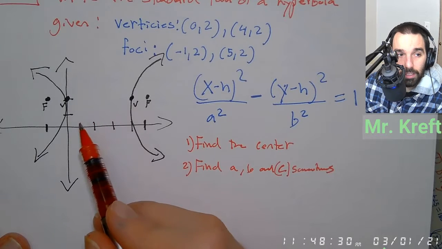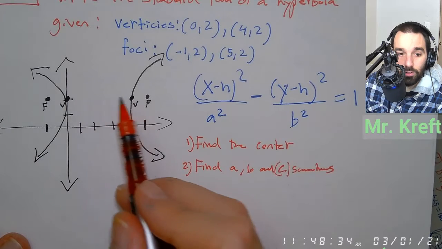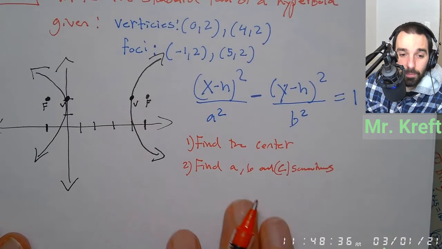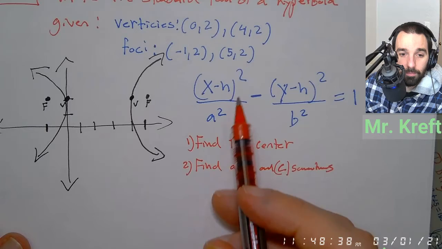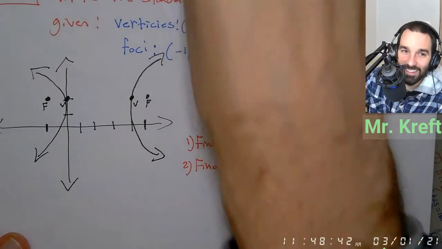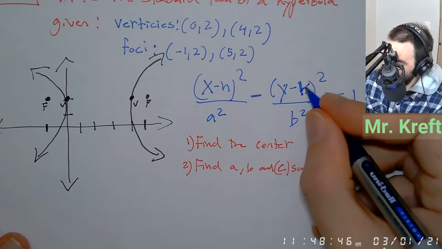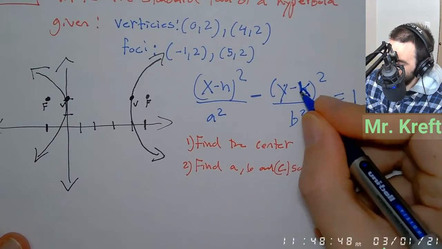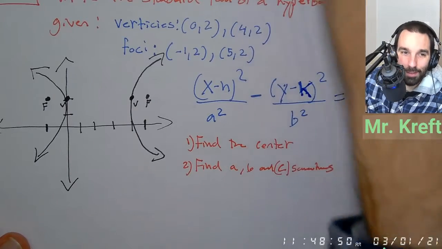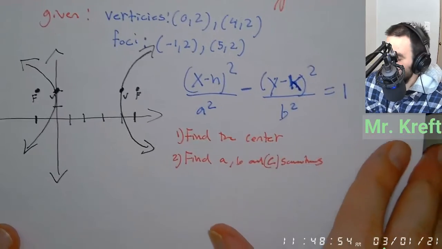If we take a look at our vertices and count, it's 1, 2, 3, 4. Oh, I put h's on both of them, didn't I? Thank you for catching that small detail.